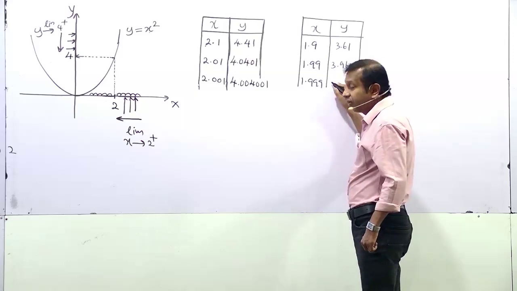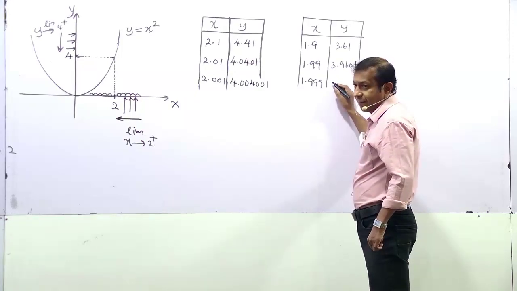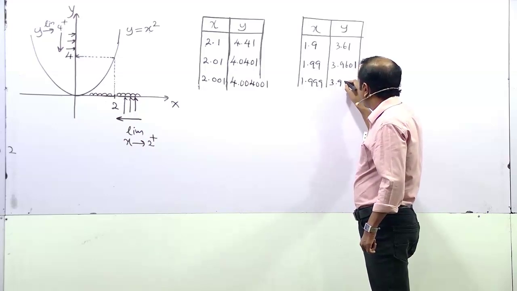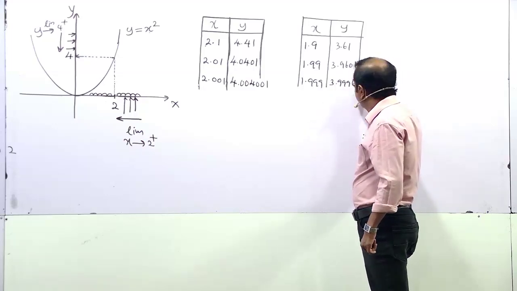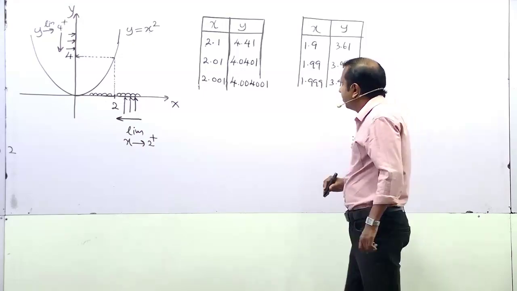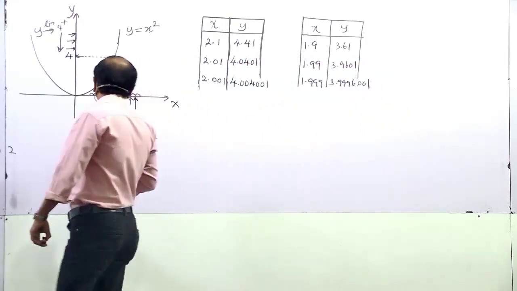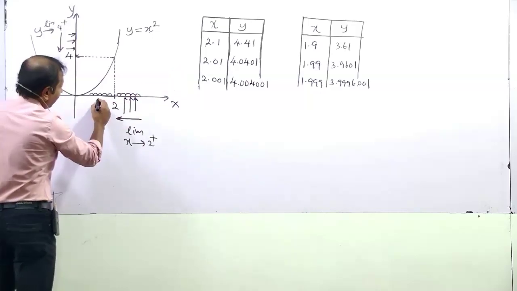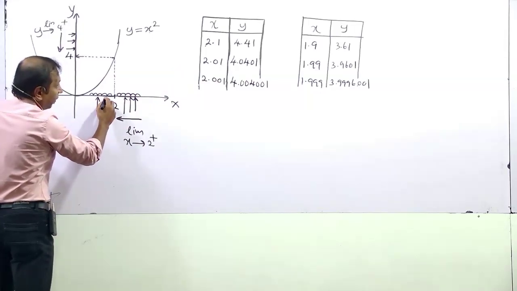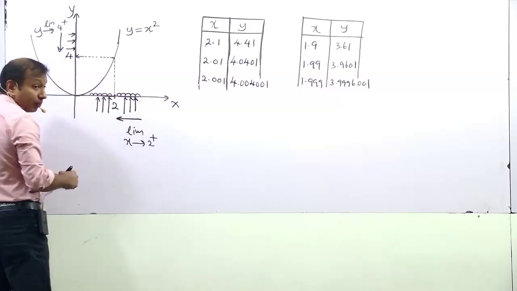Next one? 3.996001. Right, good. Now, you can see first x values, 1.9 is somewhere here. 1.99 is somewhere here. 1.999 means somewhere here.